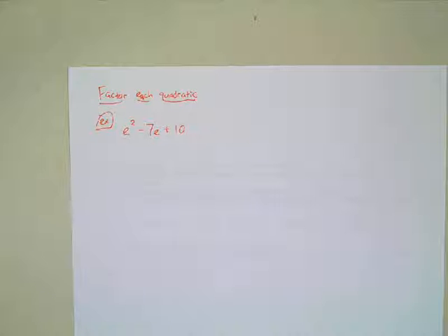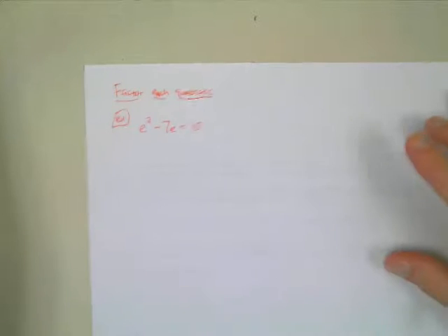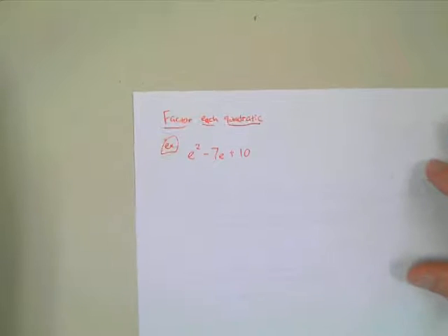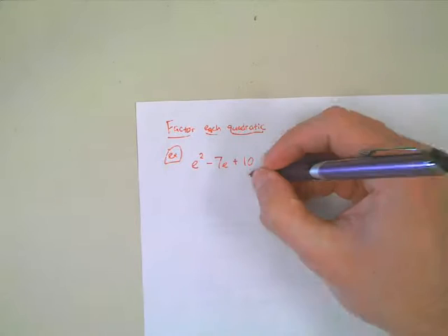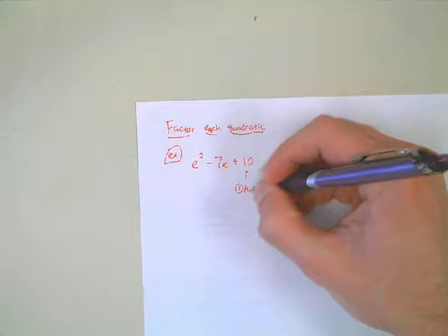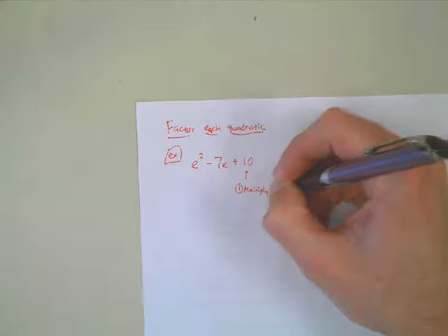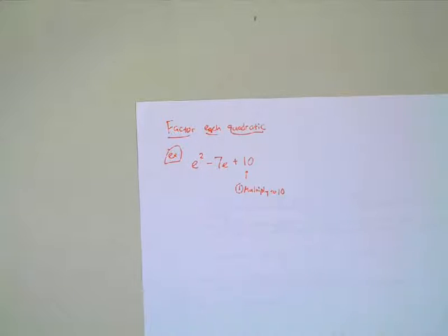So Kwanye, can you see okay back there, Kwanye? Okay. Kwanye, our normal strategy here is to try to find two numbers, in this case, that multiply to make what? 10. So we want them to multiply to 10, and we want them to add to make what, Kwanye? 7.